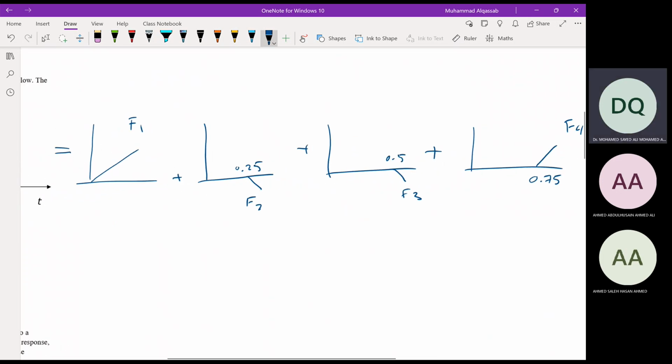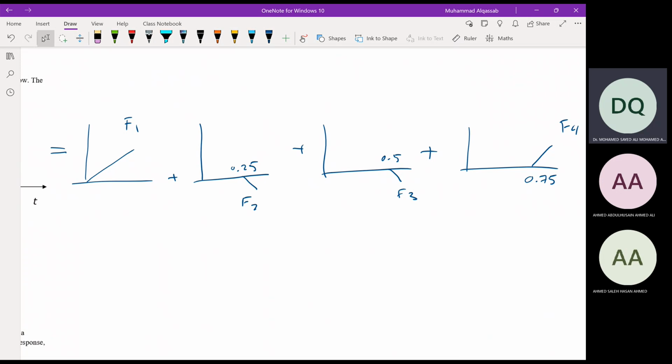All of them are ramp functions. We have 4. Then you can find x1, x2, x3, x4 due to f1, f2, f3, and f4, and then you find the actual response.